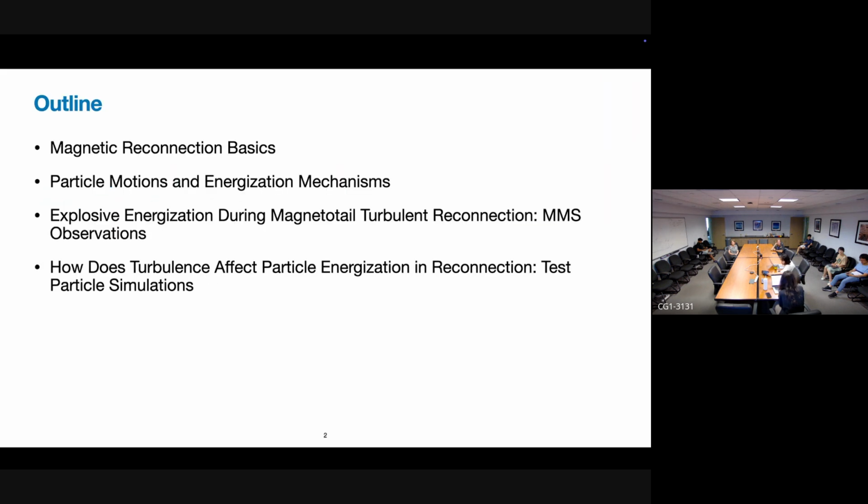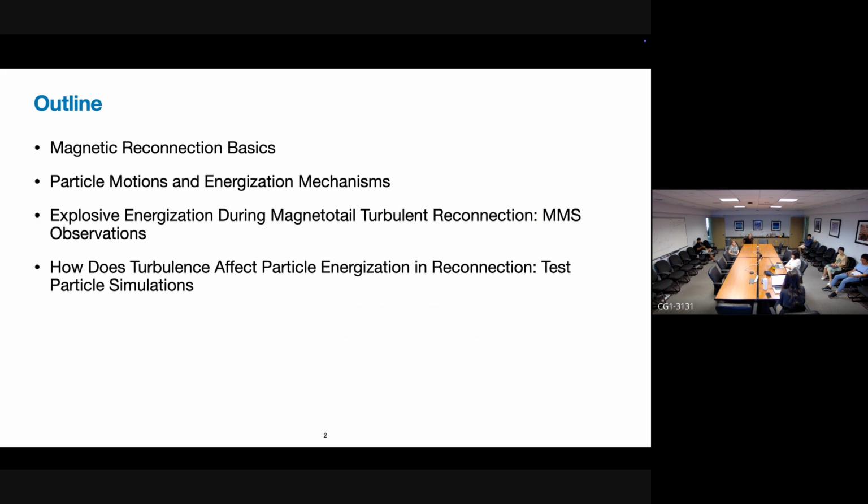Okay, so first, the outline of this talk. We'll start from some basics of magnetic reconnection, and following, we'll review some of the textbook information about particle motions and energization mechanisms. Hope you guys won't find it too basic. And then we'll get to the interesting observation part.